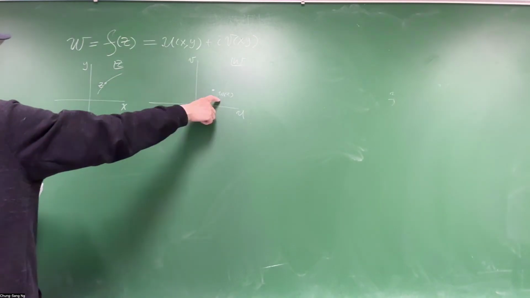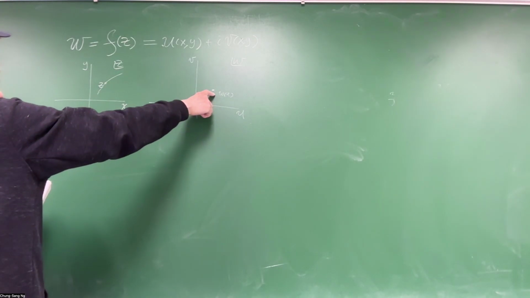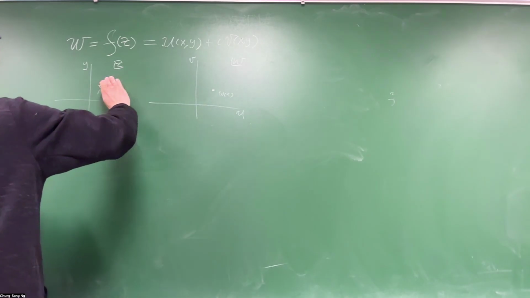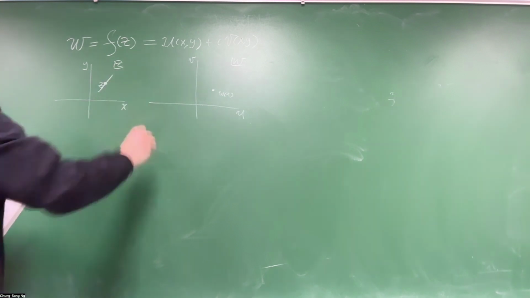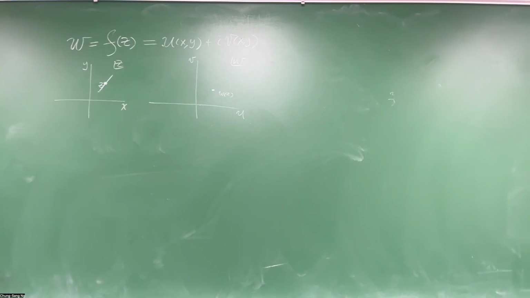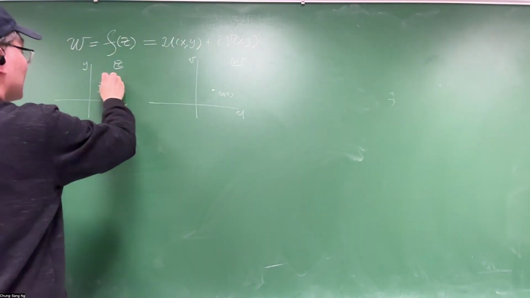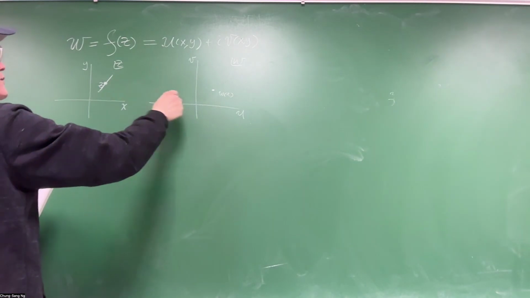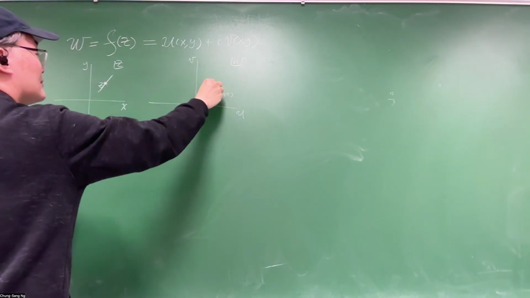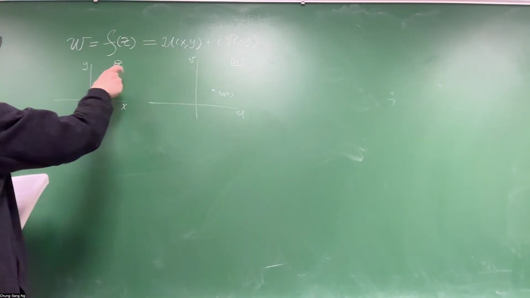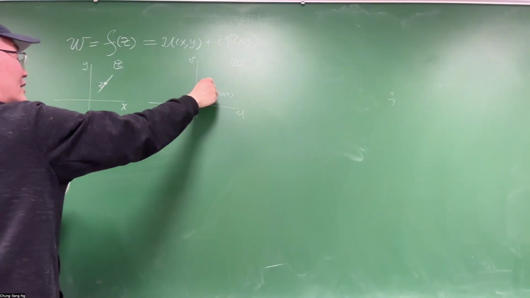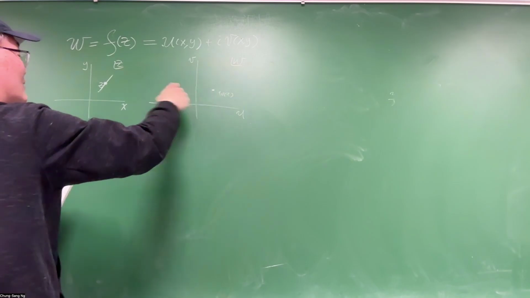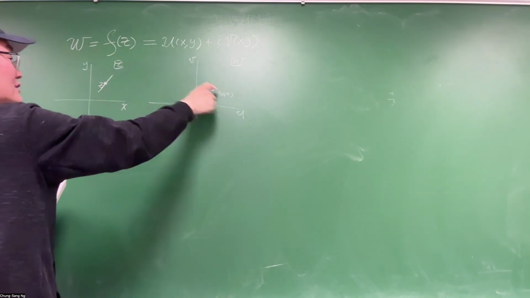Let's draw something close to a straight line, right? So this portion of a straight line will map to a portion of a curve on the W plane.